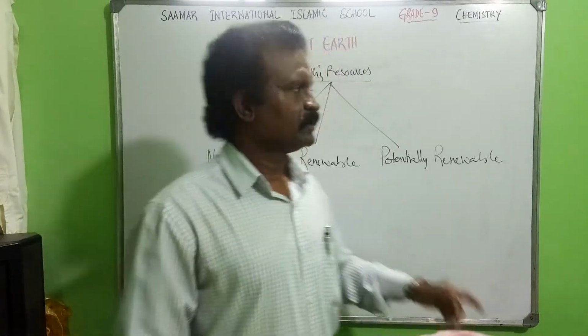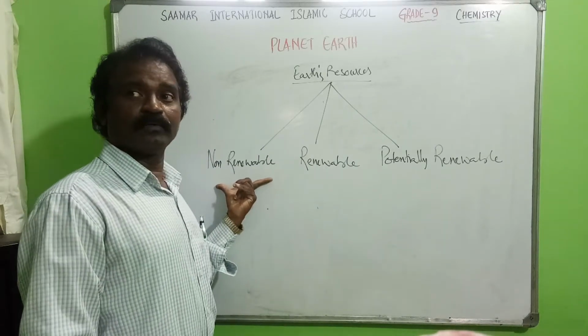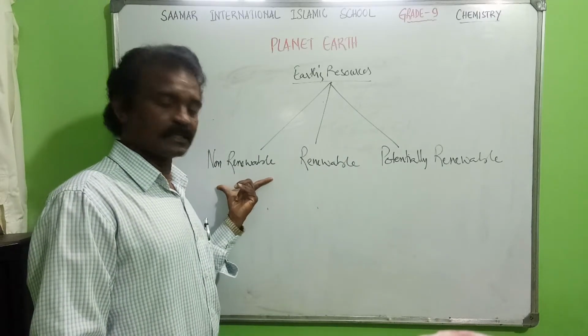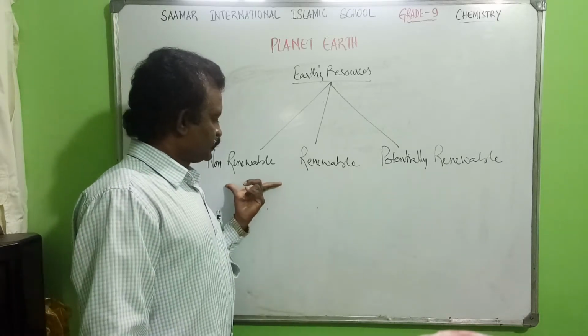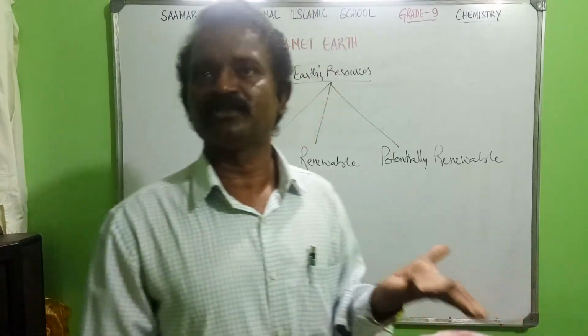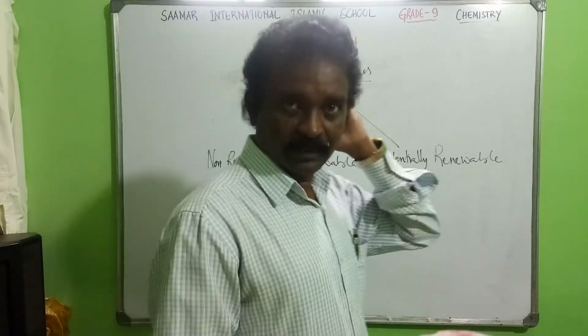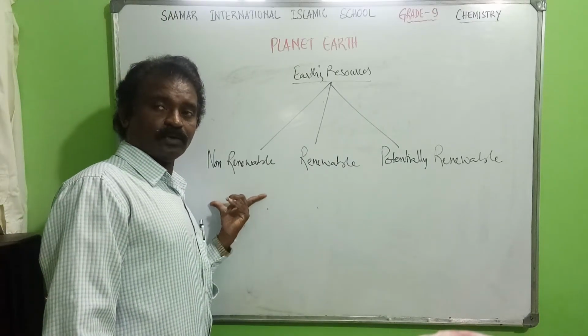That means non-renewable are made after many millions of years. It will take a long time to manufacture this, but this is very less in nature. If we keep on using it, it gets exhausted.